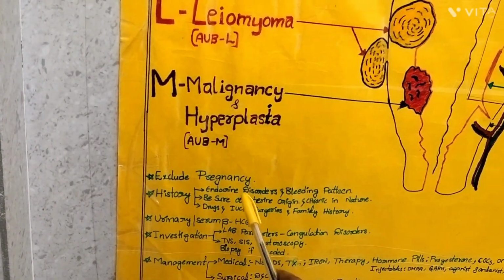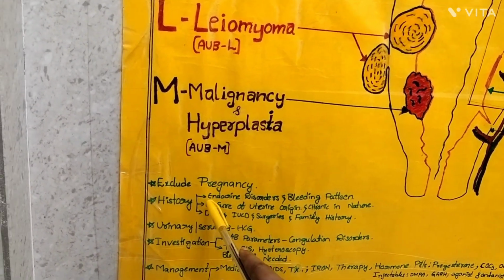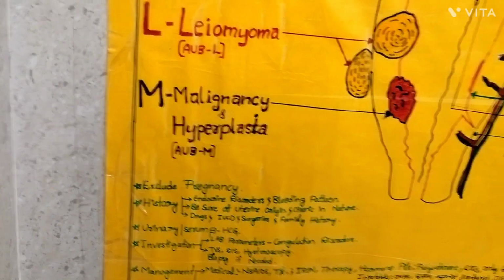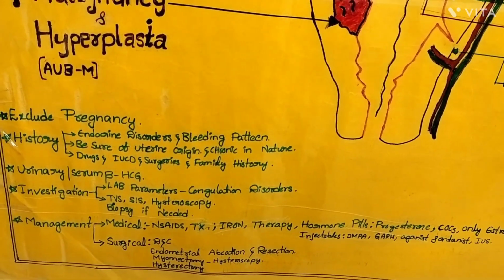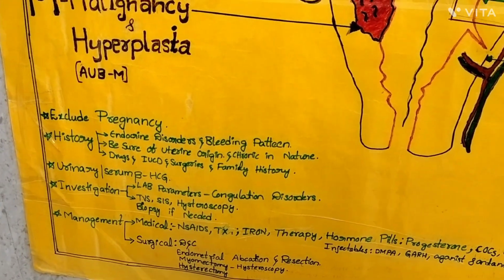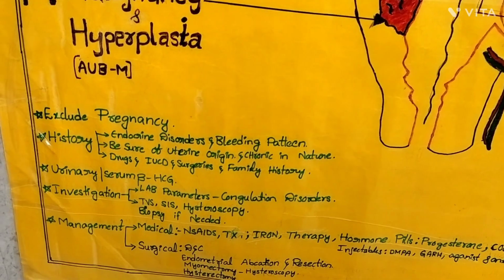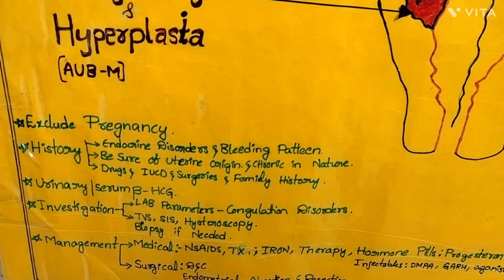Next, in the history we need to ask about endocrine disorders, like if they have a thyroid disorder or diabetes mellitus. Most of the time PCOS can also cause endometrial hyperplasia, or abnormal uterine bleeding could be a cause.